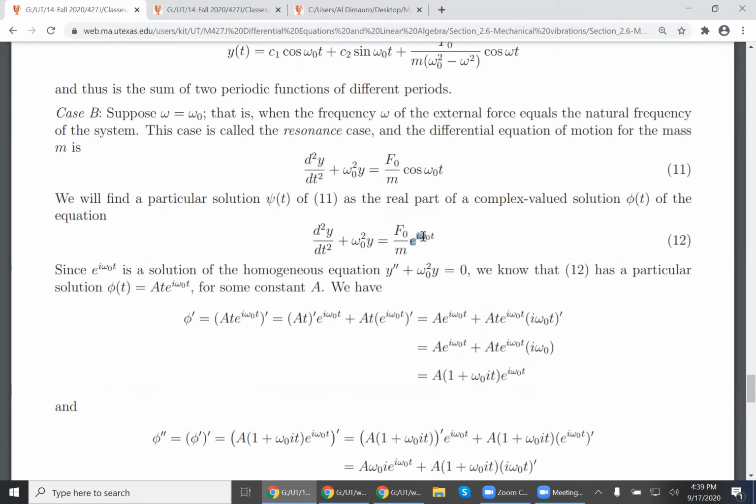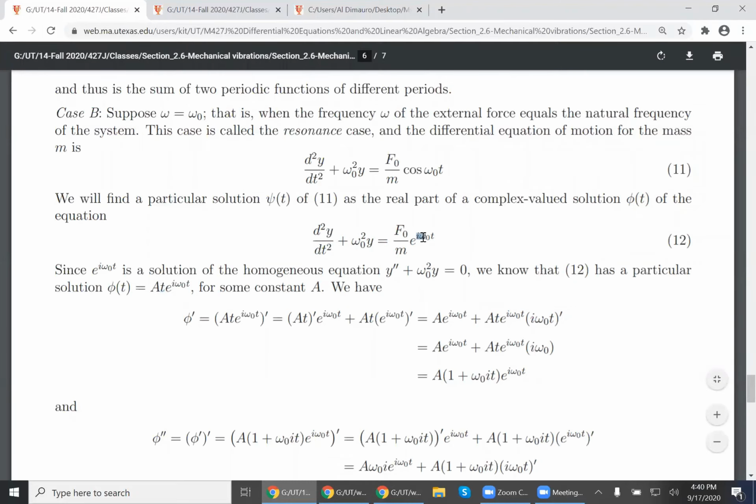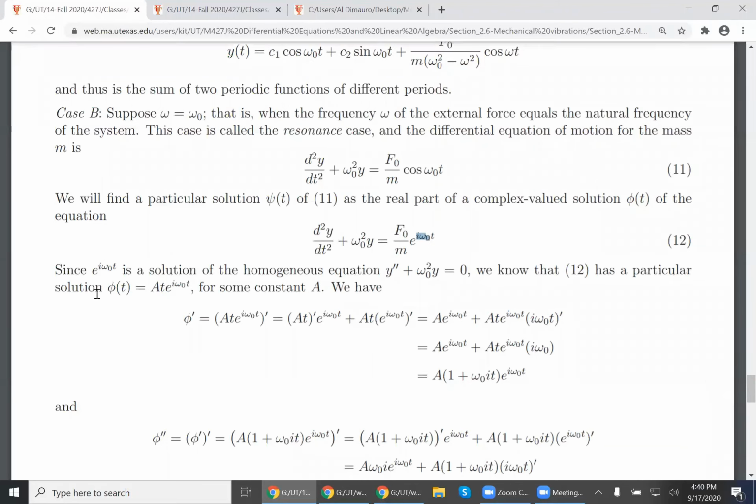Note that i omega 0 is a root of this polynomial. Therefore, it's case 2. A particular solution of this is the general polynomial of degree 0, a, times e, we copy e without change, times t, because once again, it's case 2. This is a root of the corresponding characteristic polynomial. This is the general form of a particular solution of our equation.